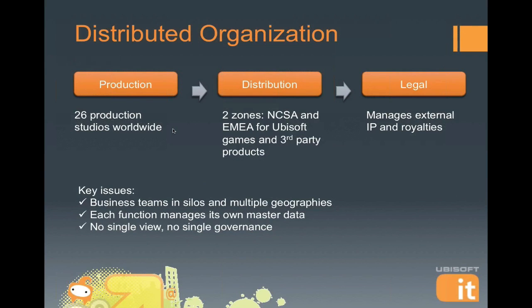We have two distribution zones, North, Central, and South America, and EMEA for Ubisoft games, and we do actually produce a number of third-party products as well. That's where we don't actually have the development resources in-house, but we may use some other smaller development studios in different places. And then the third leg is legal, and that manages all of our external IPs and our royalties process as well.